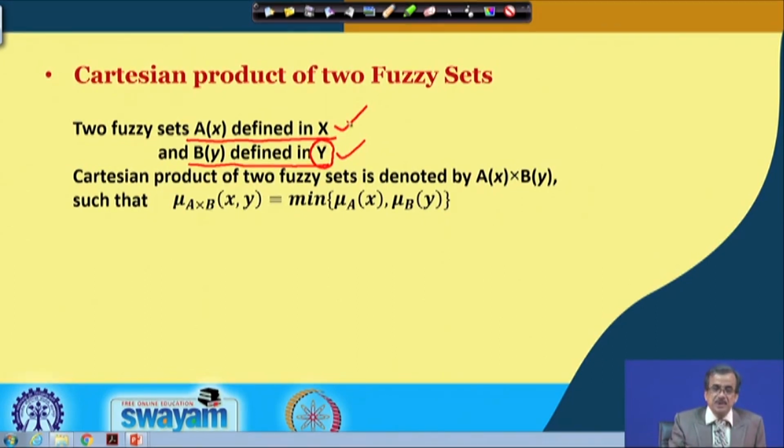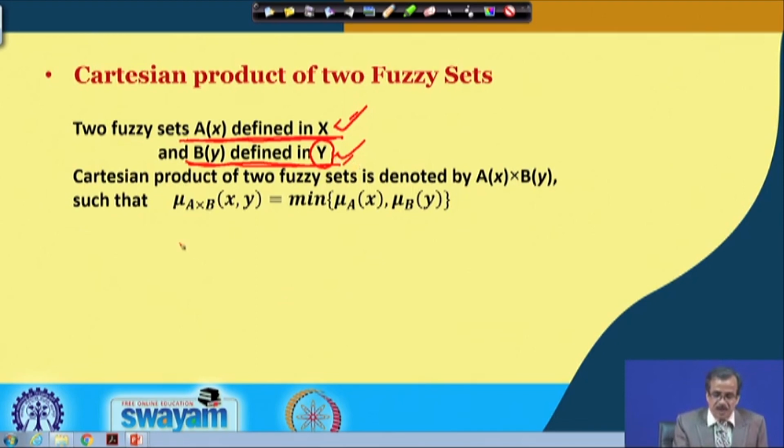So, I have two universes of discourse, X and Y. One could be temperature, another could be humidity, and A(x) is defined in X and B(y) is defined in Y. So, how do we find the Cartesian product of these two fuzzy sets?